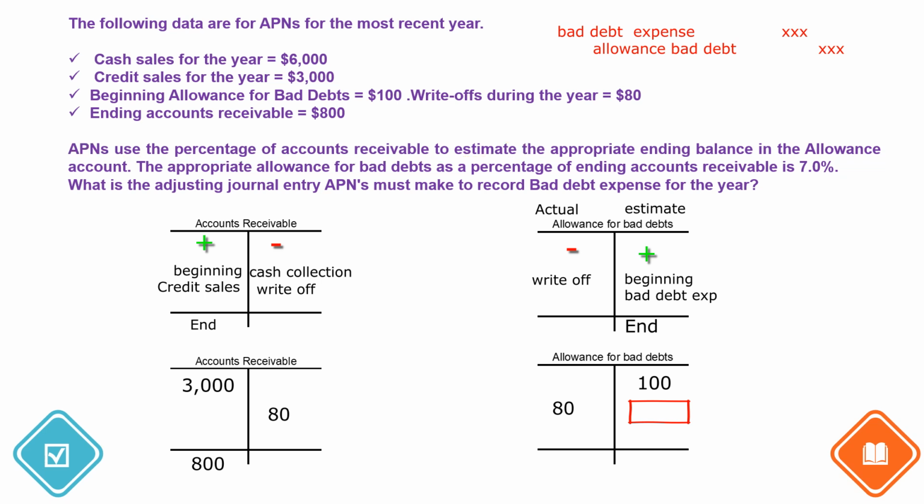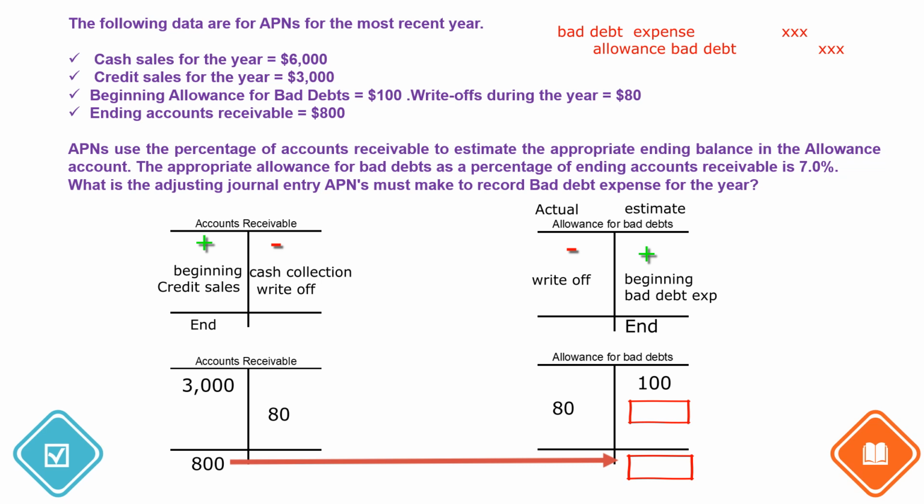So although they haven't given us everything, they've given us what we need, because they use the ending balance of accounts receivable and estimate 7% is going to go bad. Really the only number I need is the ending accounts receivable. They're saying we're going to use an ending balance sheet account to estimate another ending balance sheet account. This is the balance sheet approach, or the indirect method.